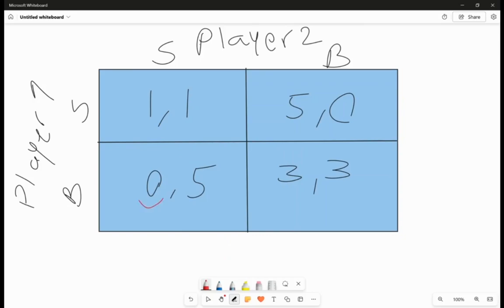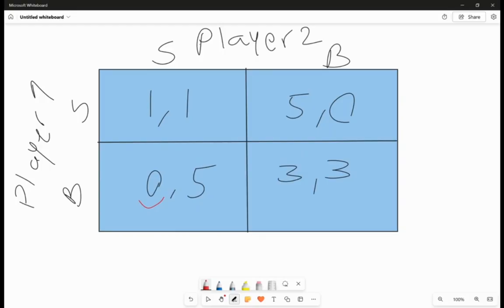For example, to find the equilibrium of this game, for a second, let's assume player 2 is going to remain silent. If player 2 remains silent, what would be the best decision by player 1, right? To find the best decision, we are thinking about the payoff.